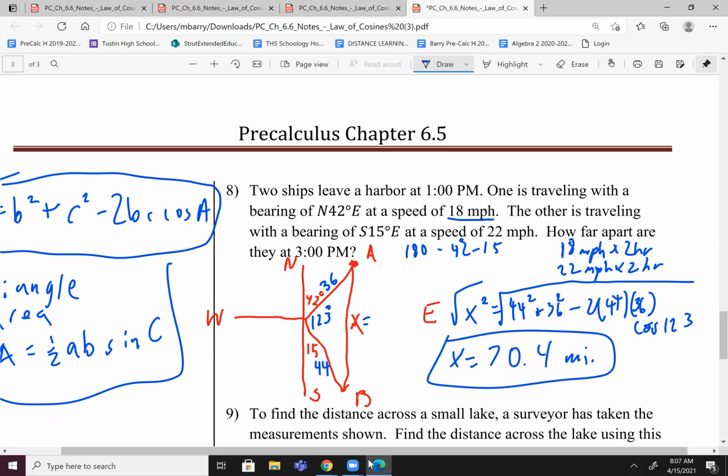So there we go. Does that answer make sense in the context of the triangle where it's drawn? I'm going to say yes, because 123 would obviously be the biggest angle in that triangle, even though I don't really know the other two. If it's greater than 90, it's got to be the biggest one. And so 70.4 is the longest side opposite it. Okay. Awesome.